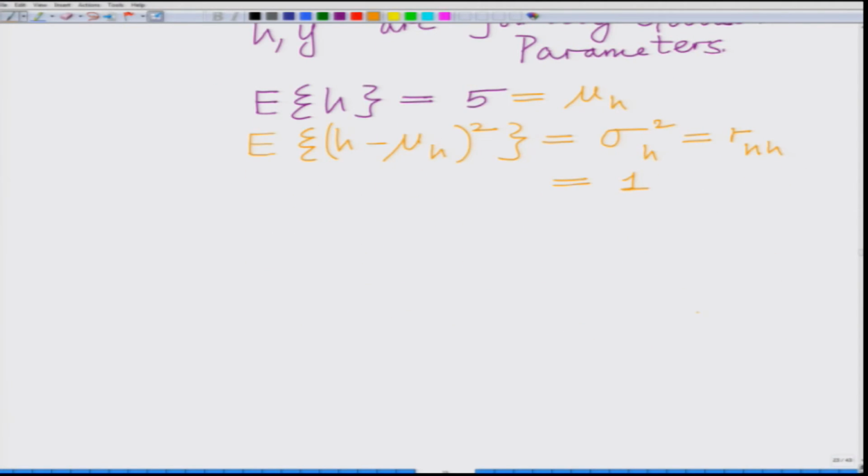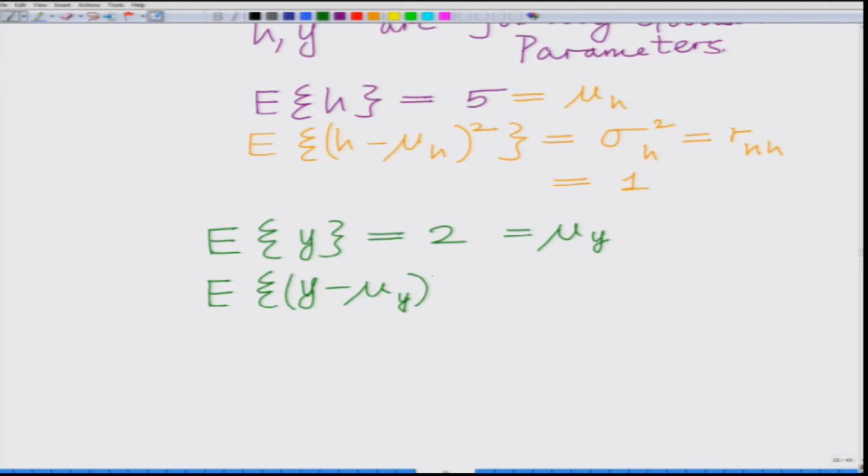Now consider expected y equals, let us say, 2, which is mu y, and expected y minus mu y whole square, which is sigma y square, which is r y y, let us say equal to 4. So sigma y square equals 4, which means sigma y equals 2.